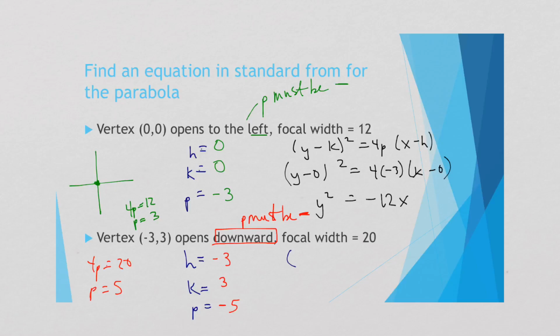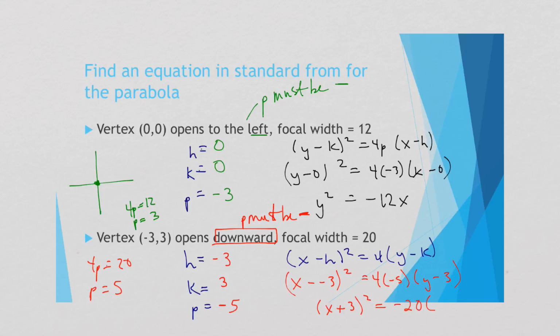It's a down, so it's an x minus h squared equals 4p times y minus k. Plug things into their spots. X minus negative 3 squared equals 4 times negative 5 times y minus 3. And I'm going to get x plus 3 squared equals negative 20 times y minus 3. So that's what we should get for our second equation.